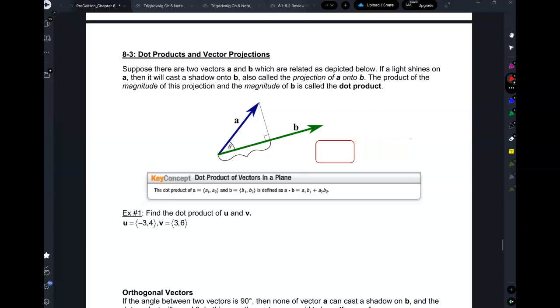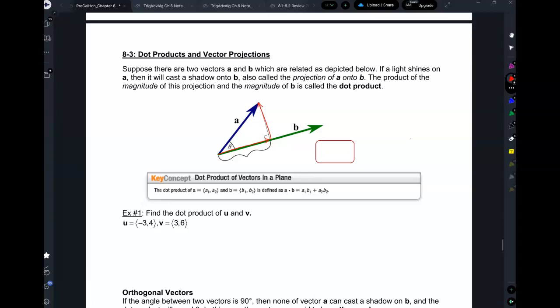Suppose we wanted to draw the components of vector A such that one of the components lies on B. So if I wanted to draw the components, take a look. Are those two red lines components of vector A?